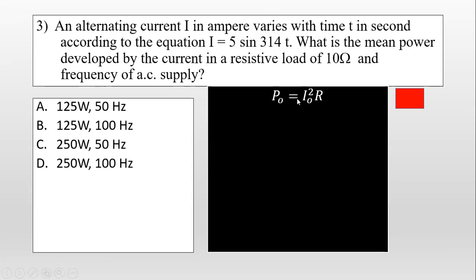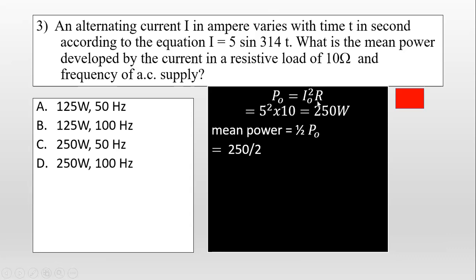Okay, so find your peak power, I naught square times R. Peak is this one, 5. There's a peak current. R is given as 10 ohm, so it is 250. So mean power is half of peak power. Half of 250 is 125.